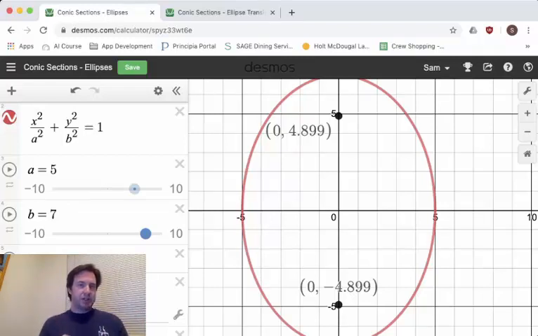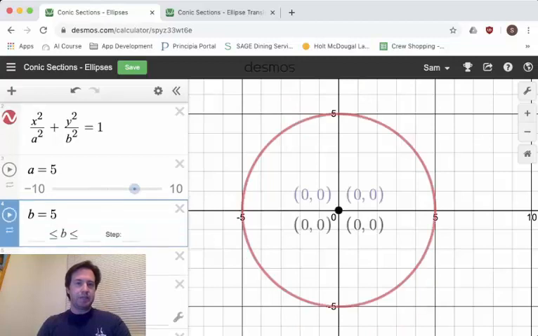And as I mentioned at the beginning, a circle is a special type of ellipse. So if I make a and b the same, we see that our foci now are at the origin, the point 0, 0. And we now just have a circle with radius of 5. So this could be another way that you could write the equation for a circle.